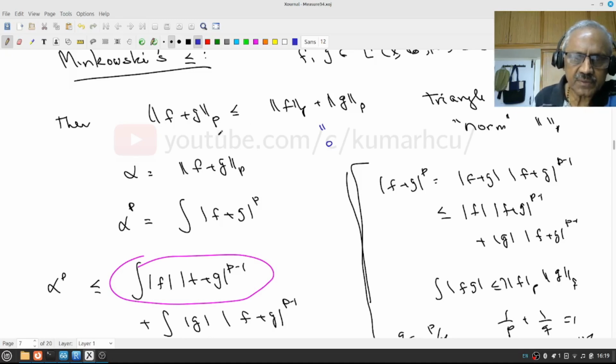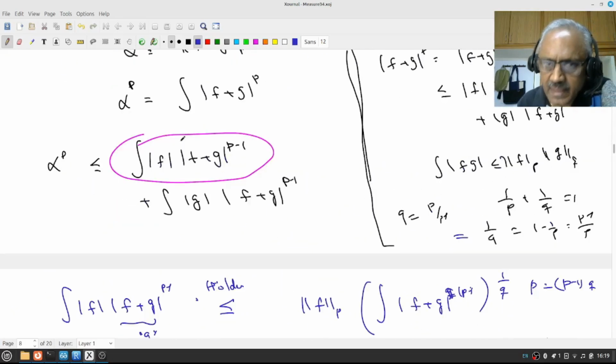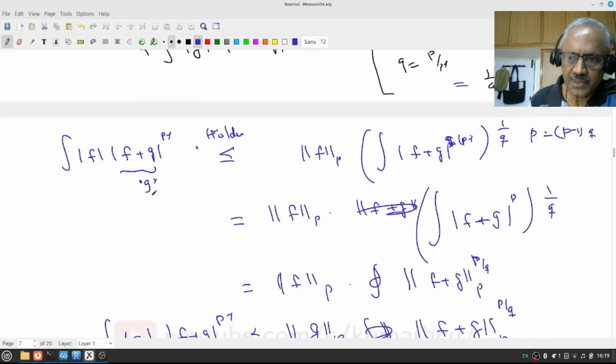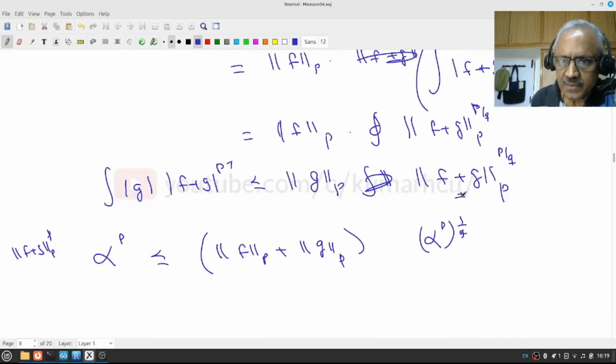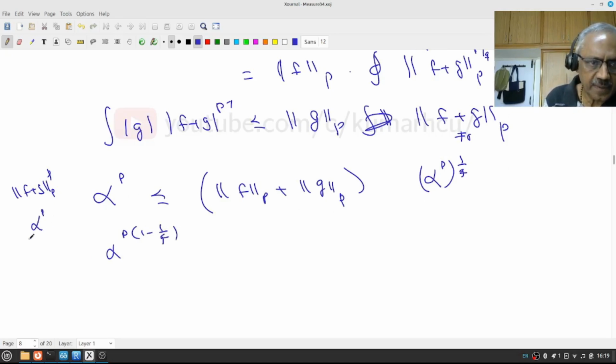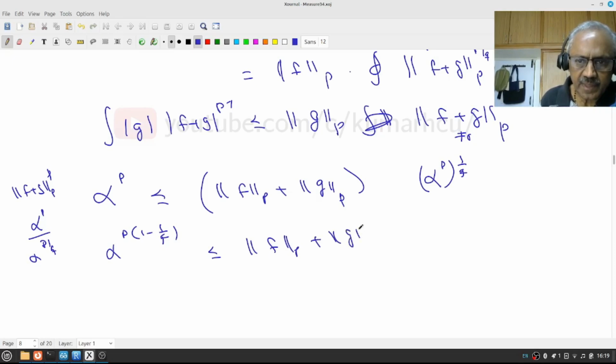The only case we want to prove is when this is not equal to 0, so I can divide by that quantity. Therefore, it is alpha to the power p into 1 minus q. Divide this by this. That is less than or equal to the LP norm of f into the LP norm of g.